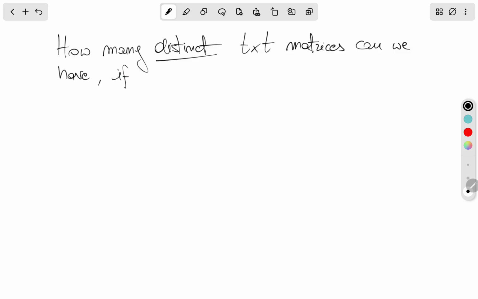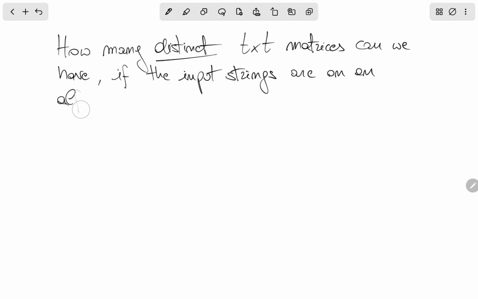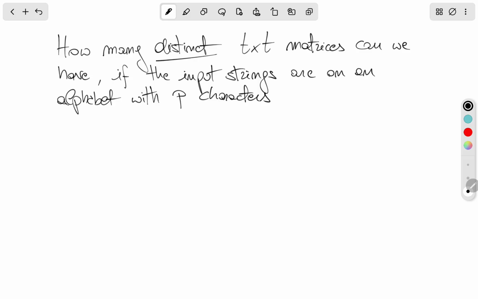Because we need one more element, if the input strings are on an alphabet with, let's say, P characters.